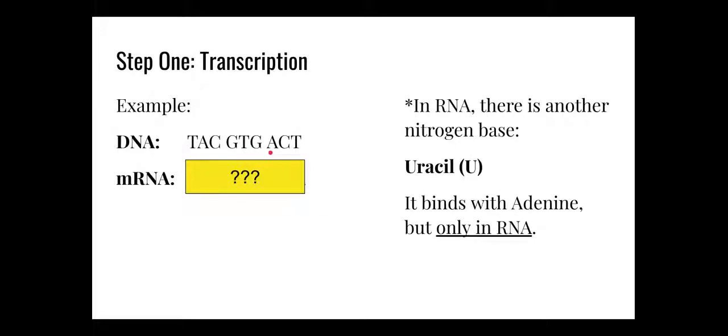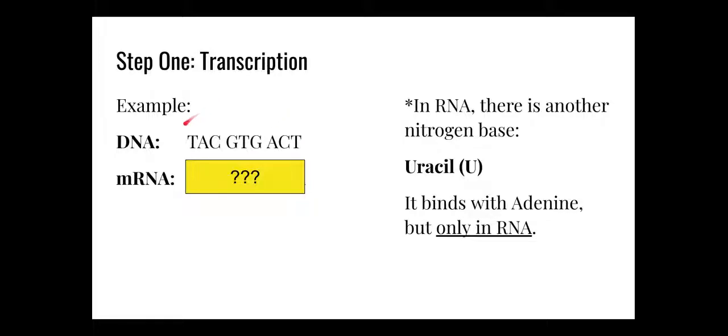And the third set should be U, G, and A. So U, G, A are the final three for mRNA. So the whole line should read A, U, G, C, A, C, U, G, U, G, A.